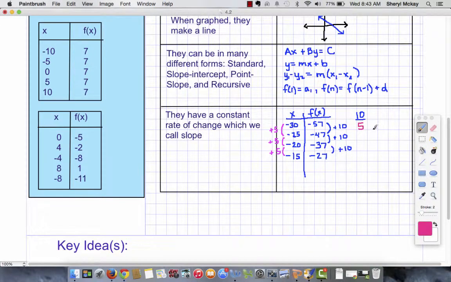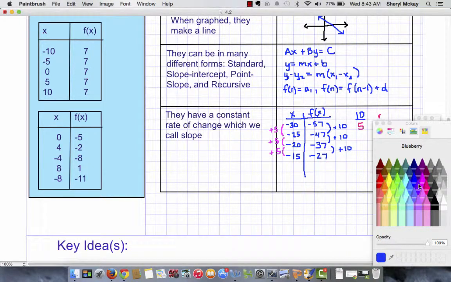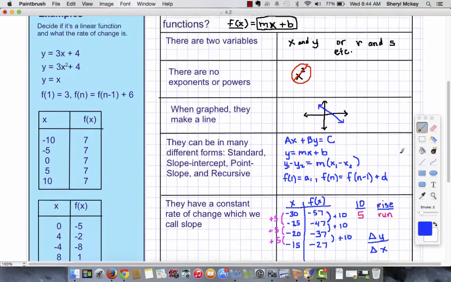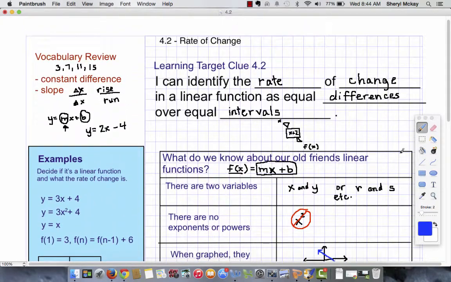Well, doesn't that sound a lot like rise over run, or the change in y over the change in x? Yeah, it all means the same thing. So we have this fancy term that we say, I can identify the rate of change in a linear function as equal differences over equal intervals.